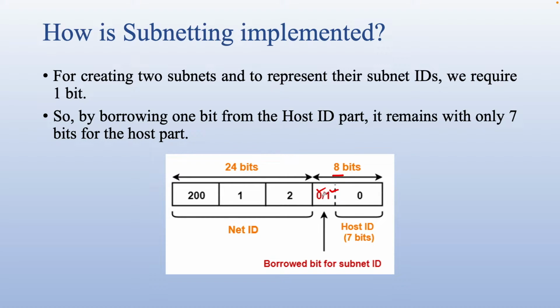So if we fix this 1 bit, the remaining bits are 7 bits, because initially there were 8 bits. We fixed 1 bit as 0 and fixed 1 bit as 1. So there are 2 separate networks independently and the remaining 7 bits are all zeros, right? So that is how you divide the network into 2 parts.